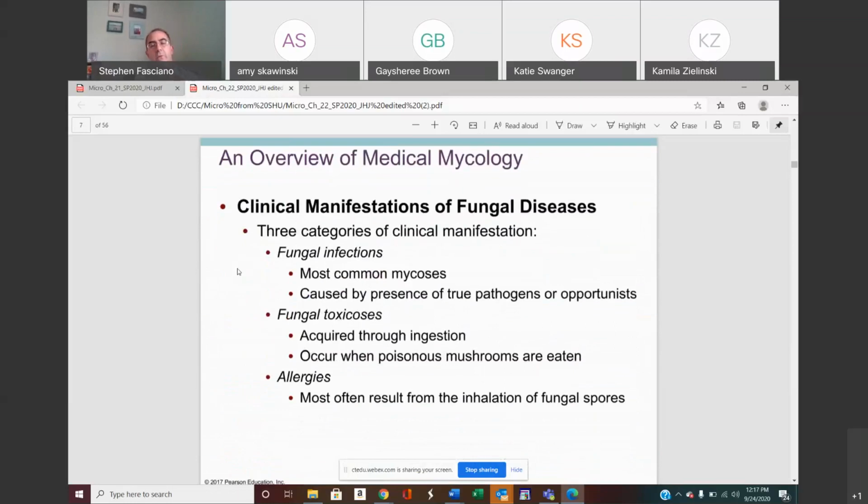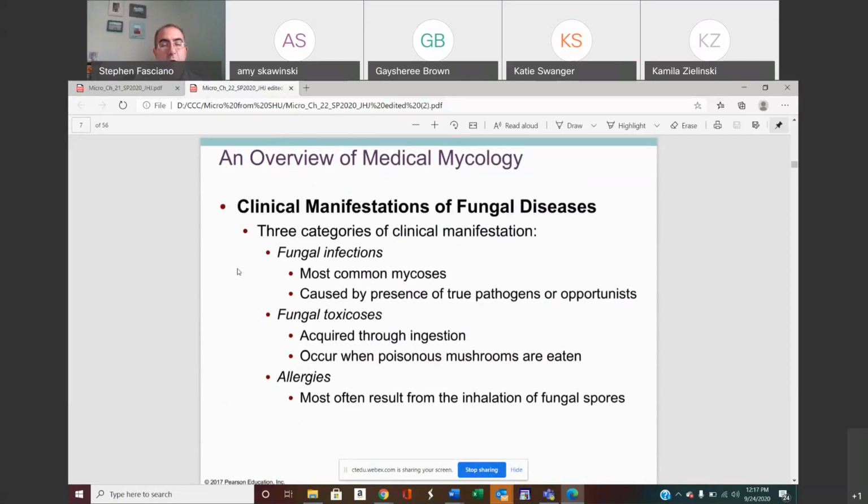There is an overview. In this overview, there is a clinical manifestation of these fungal diseases. So there's kind of 3 categories of how this manifests itself, how it shows up clinically. There are fungal infections. These are the most common things. They're caused by the presence of either the pathogens or opportunists, right? You can get an infection with either one of those.